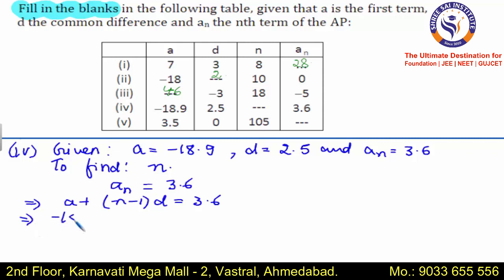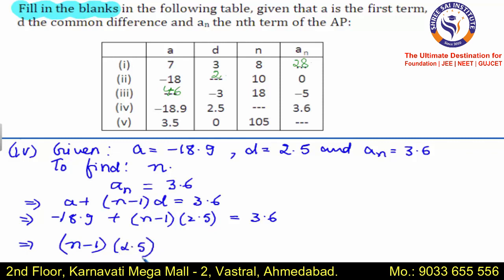Now let us substitute the value of A and D to get the value of N. The value of A is minus 18.9 plus N minus 1 into D is 2.5 is equal to 3.6. This implies that N minus 1 into 2.5 is equal to 3.6 plus 18.9, which is equal to 22.5.